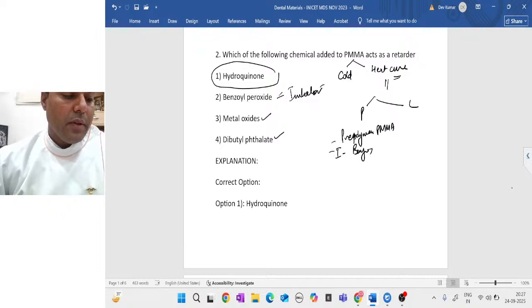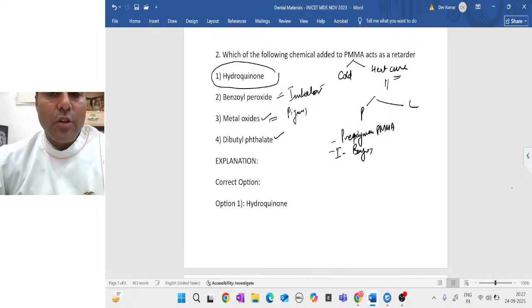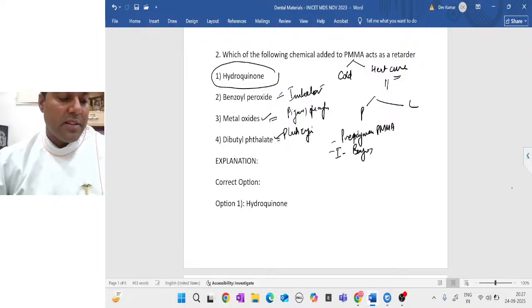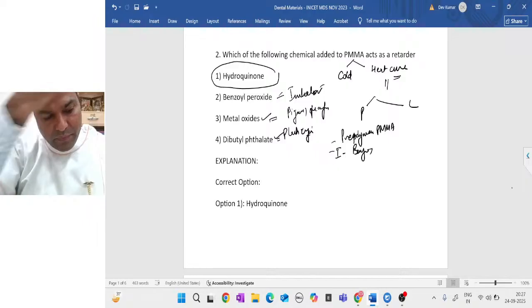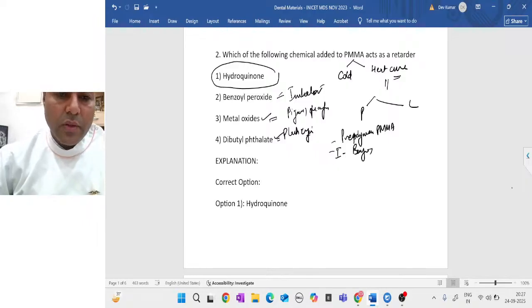Metal oxides may be there as pigments or as opacifiers. Dibutyl phthalate is mainly a plasticizer in resins. So the best answer here is hydroquinone.